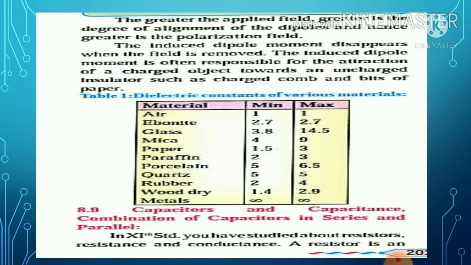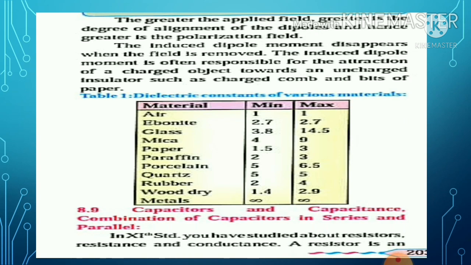material. The induced dipole moment disappears when the electric field is removed. When the external electric field is removed, the induced dipole moment disappears from the dielectric slab or dielectric material.